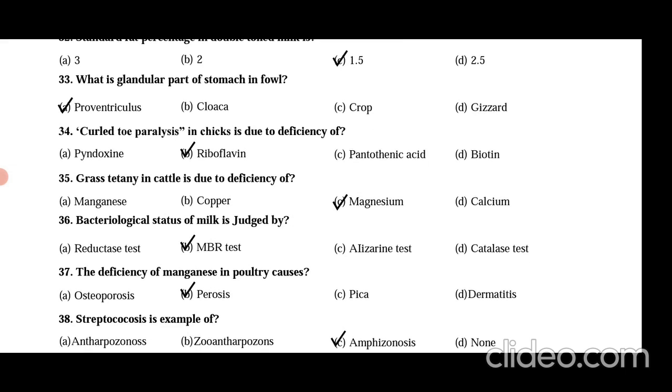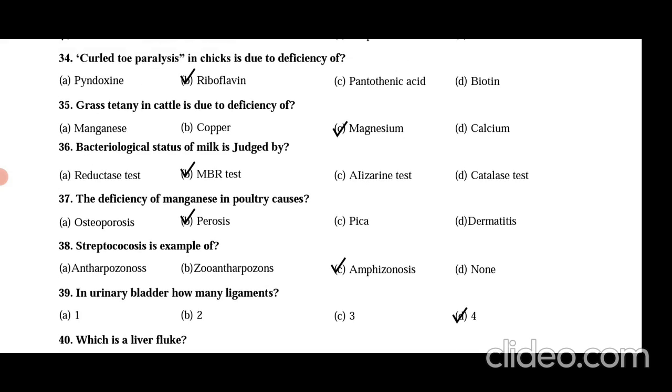The deficiency of manganese in poultry causes cirrhosis, and the deficiency of riboflavin causes curled toe paralysis. Streptococcus is an example of emphysimosis in urinary bladder.